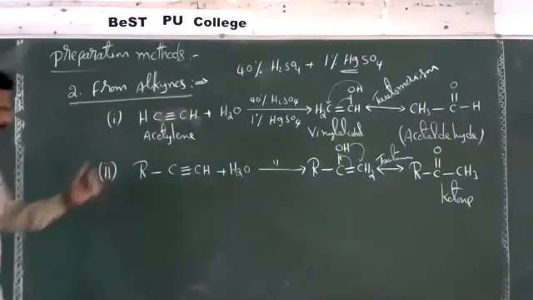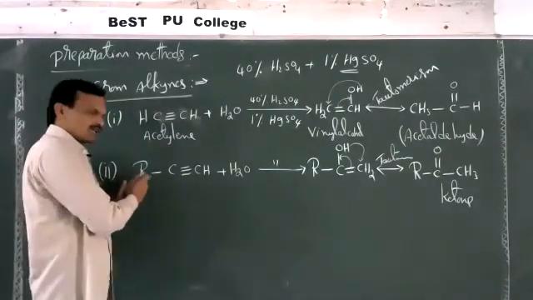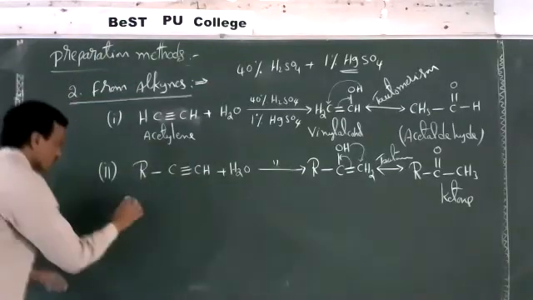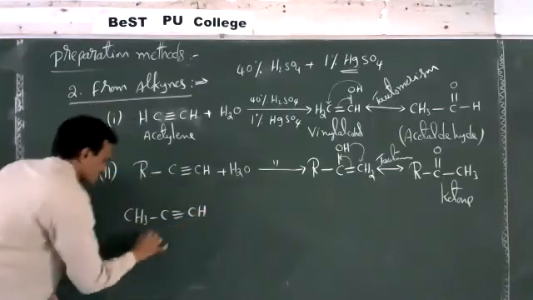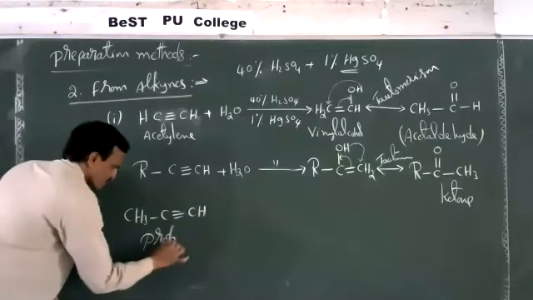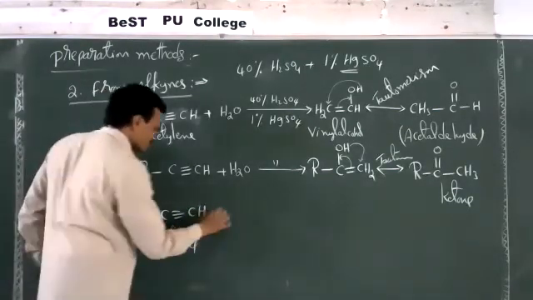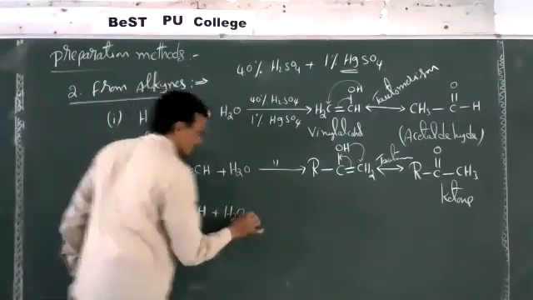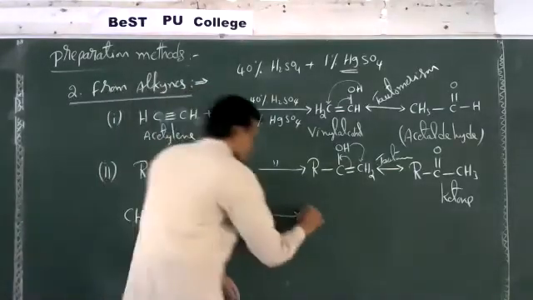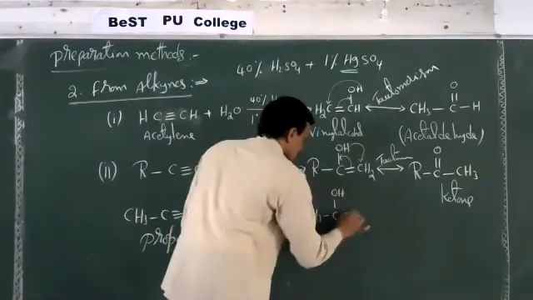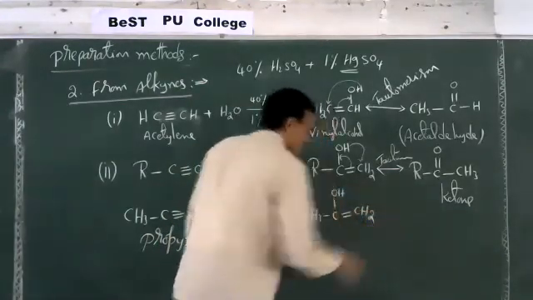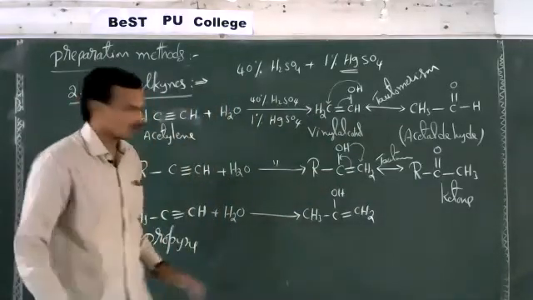If you want an example, replace this R with any alkyl group. Now, as an example, I'll take CH3 C triple bond CH, this is propyne. If we add a water molecule, addition of water to propyne gives CH3 COH double bond CH2. What is the name of this compound?